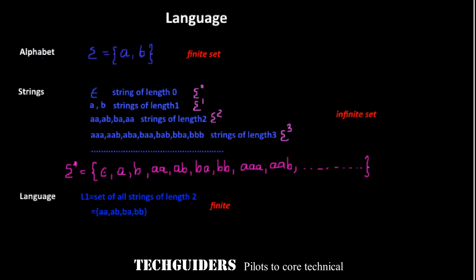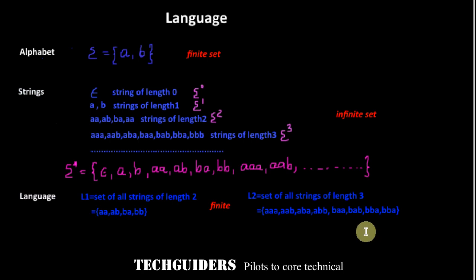Now we can consider another language L2 equals set of all strings of length 3. According to this language, there are 8 valid strings. All these are the possible strings over sigma, but according to this language, there are only 8 valid strings.